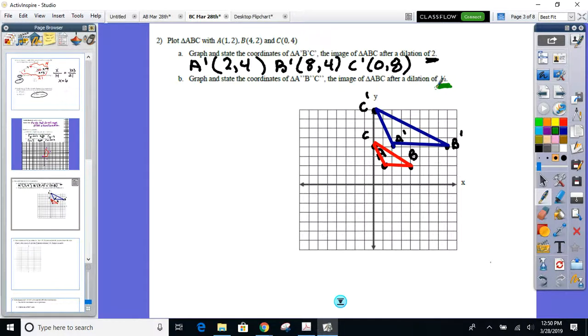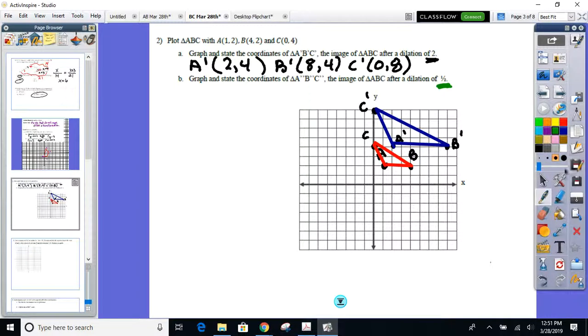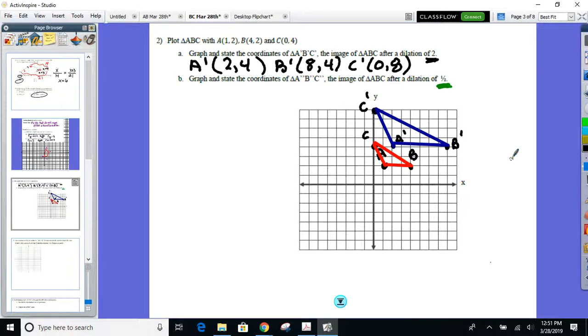Now a scale factor of one half. What's going to happen to the triangle? Why is it going to get smaller? Because now A, B, and C are going to move closer to the origin. Make sure you know we're doing it on triangle ABC, not the previous one.